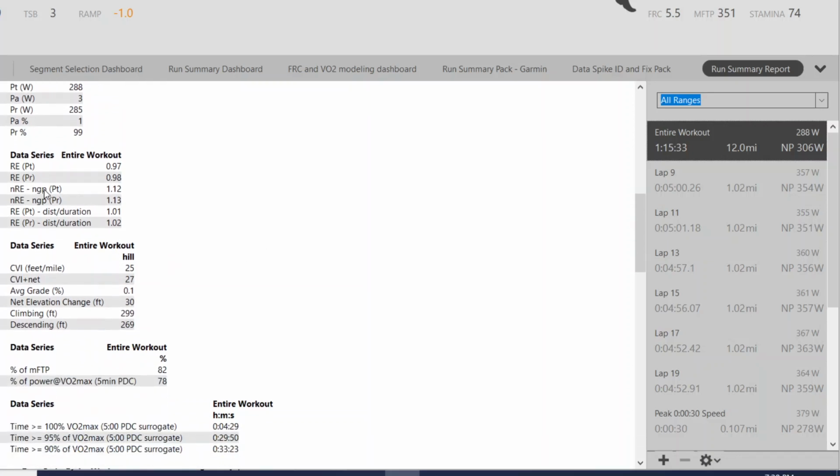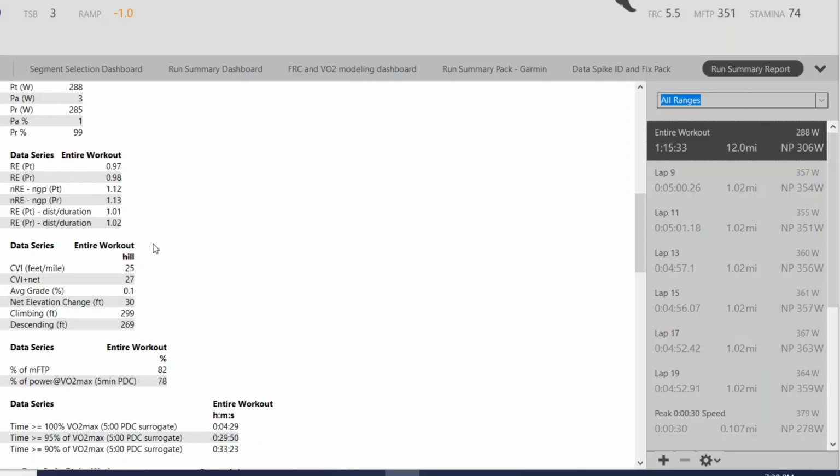The next one is some other ways of looking at running effectiveness. This is running effectiveness minus the air power. So you can see when you add in air power, that lowers the running effectiveness. This one here is PR. This is total power with the air power.